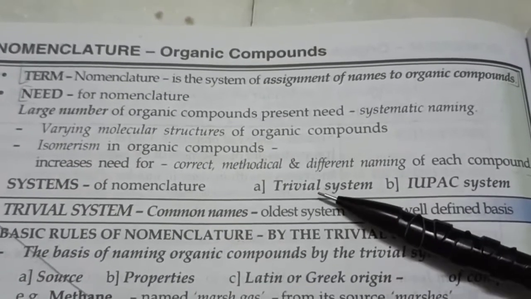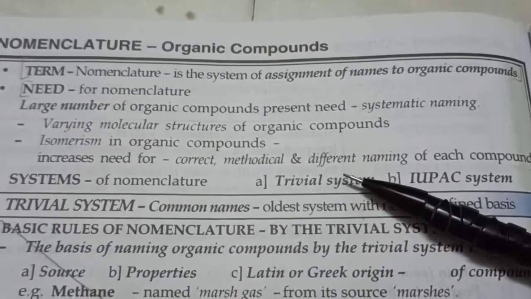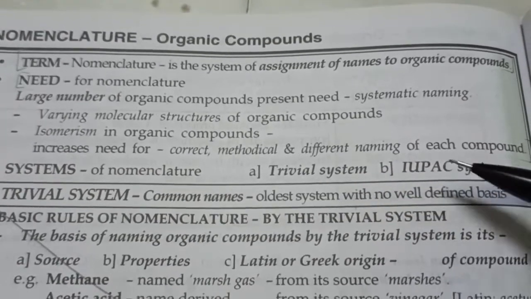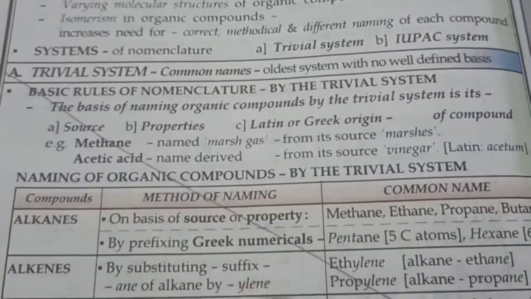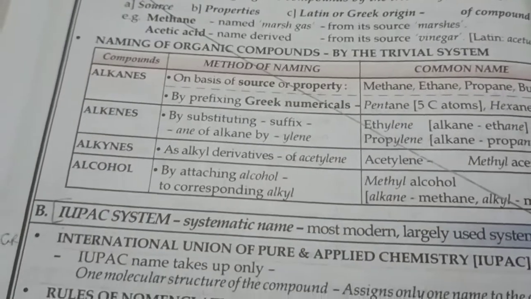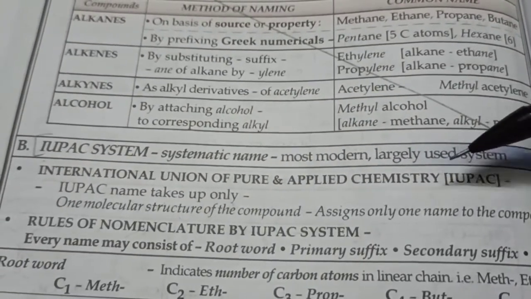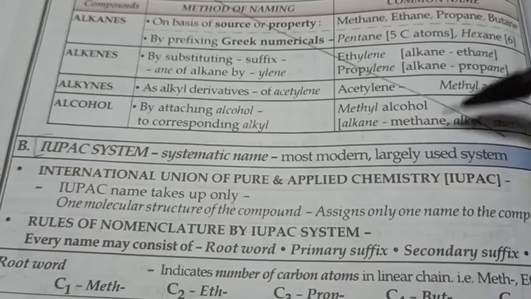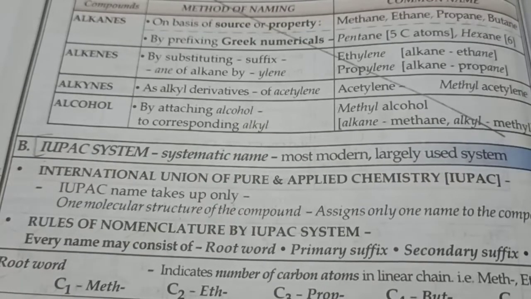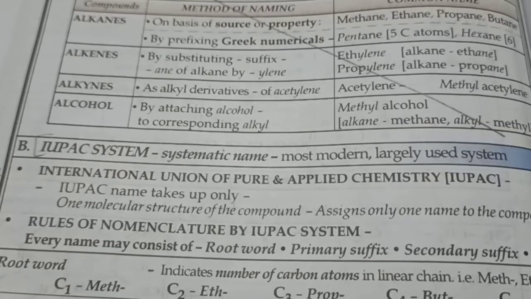One is a trivial system, which is the common names, which is useless because the names may change from country to country. The IUPAC system is internationally recognized. All this is cancelled simply because it's a repetition. That's why. IUPAC full form. And according to this system, every compound has one and only one name. Two different scientists of two different countries won't disagree on the naming because they would follow the same rules.